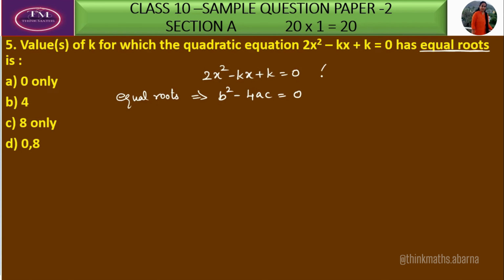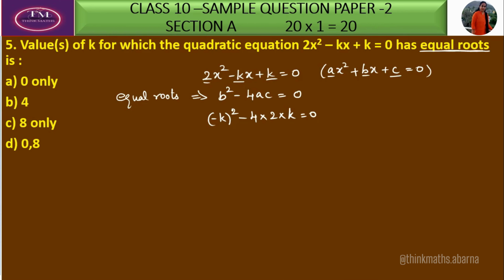So this is of the form ax square plus bx plus c equal to 0. So that means a equal to 2, b is equal to minus k, c is equal to k. So instead of b, we have to write minus k. So minus k whole square minus 4 into a, which is 2, into c, which is k, equal to 0.